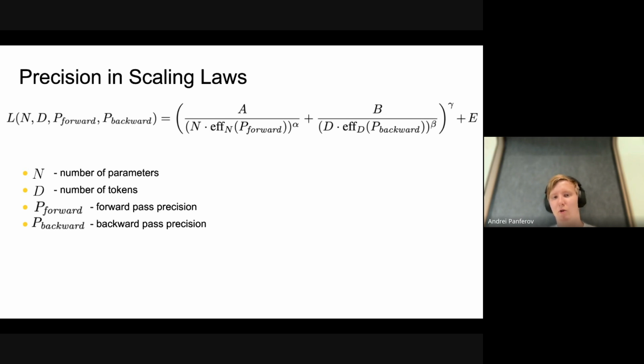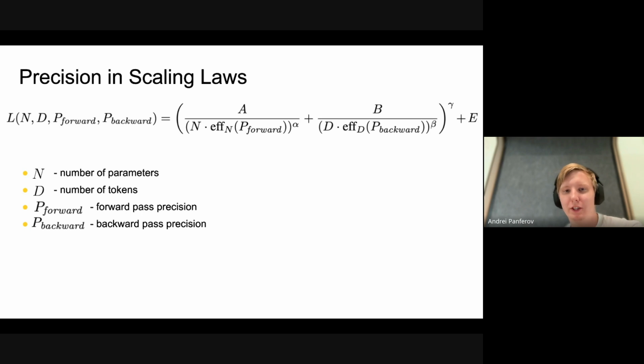We use the following form of the scaling law, where we have the loss as a function of the number of parameters in the model, the number of tokens it's been trained on, and the forward and backward pass precisions of our quantization-aware training scheme.